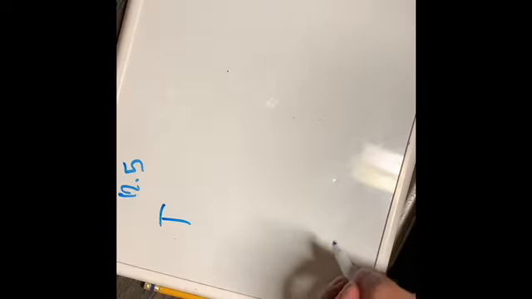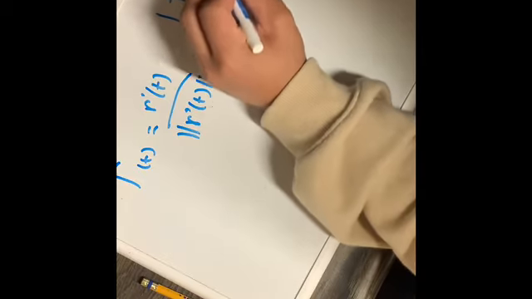So if we go over to our T vector, T equals r prime of t over the norm of r prime of t, which we can do like so.